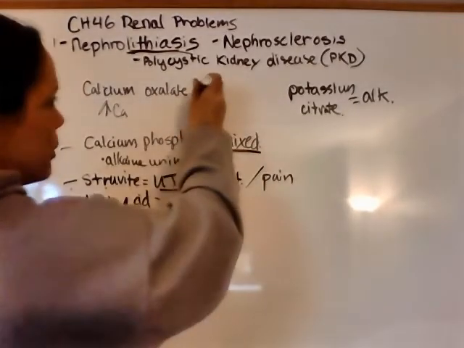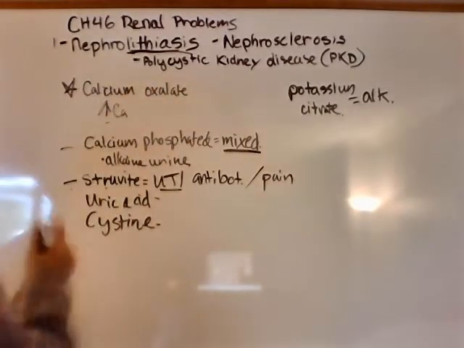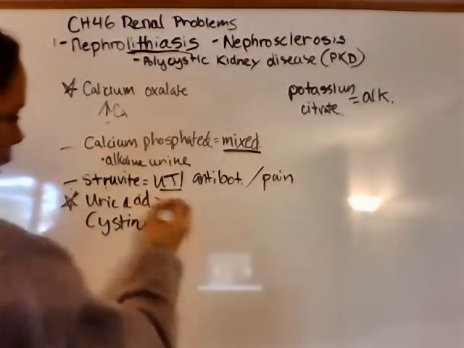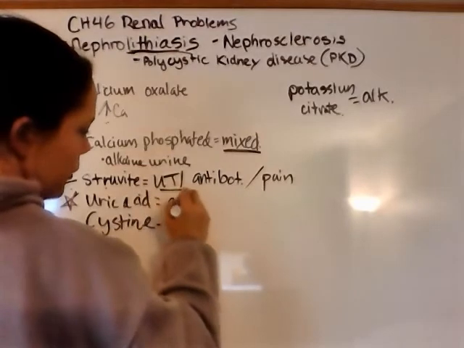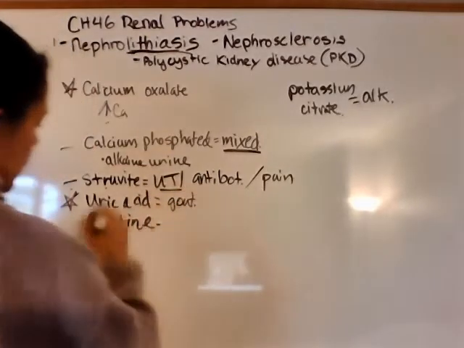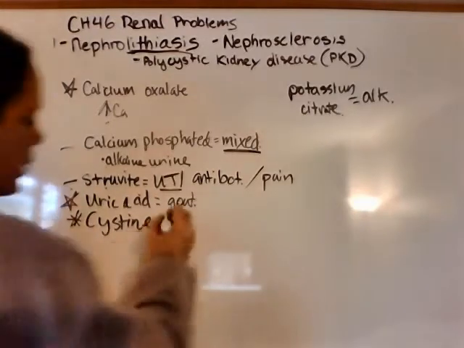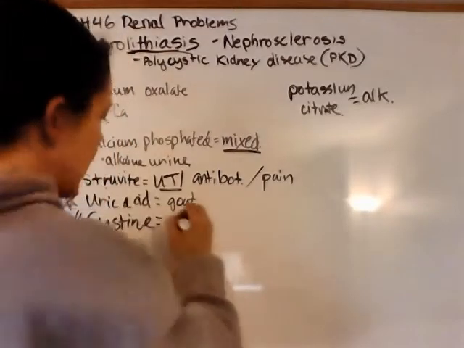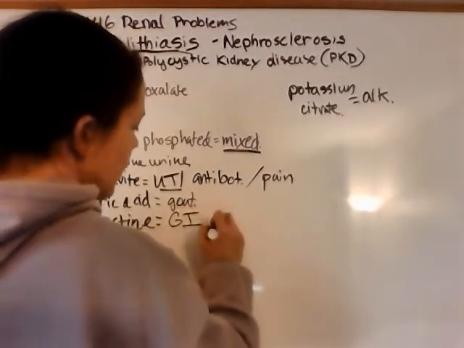But potassium citrate could be used here because this is caused by acidic urine. Obviously, uric acid is going to be caused by an acidic environment, specifically gout. When you think gout, you think uric acid. Cysteine is where cysteine is not being absorbed in the GI system, and this has to do with a genetic factor.